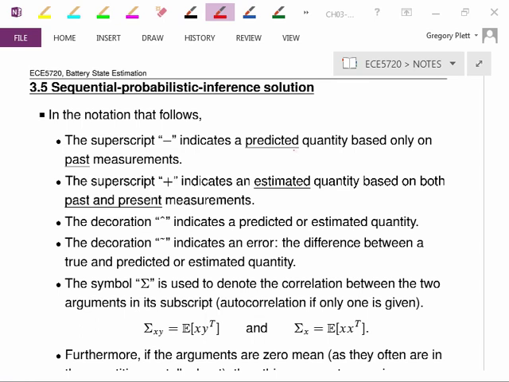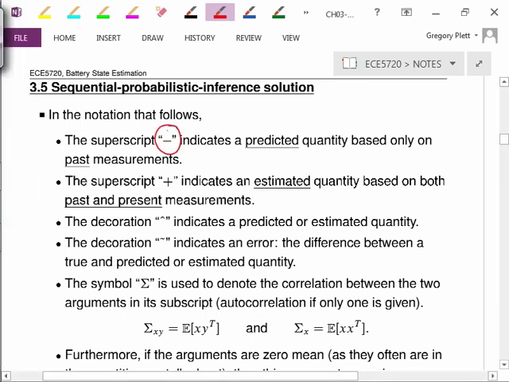The notation that we use is described here. If you have a variable with a superscript minus sign, that indicates that the variable we're talking about is a predicted quantity. The prediction is based only on past measurements, not on a present measurement.